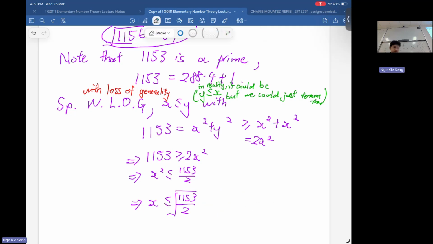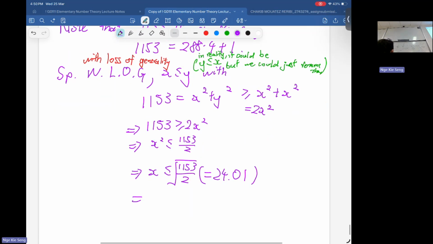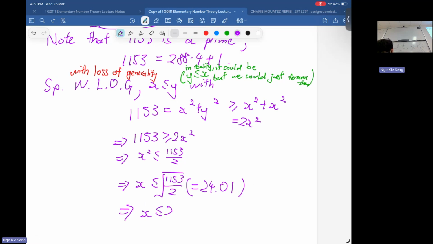So can you figure out this square root? 24. 24.01. Okay. So maybe we could say that because this x should be an integer, it should be less than or equal to 24. So you could try 24 squares that can pair up with another square to get this.